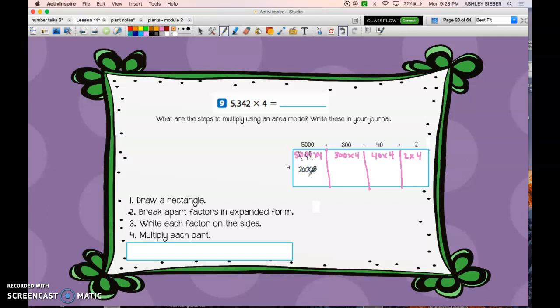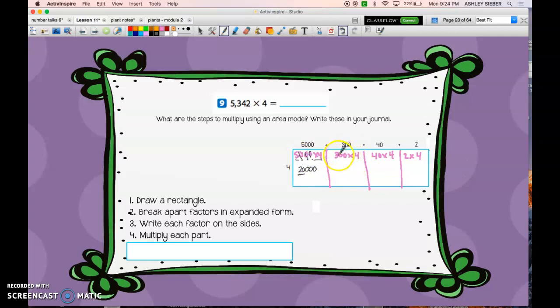On Monday, we talked about how our number of zeros might match, but when your fact, 5 times 4, has a 0 in it, we're going to have one extra 0. So in this number, we're going to have 4 zeros, even though 5,000 only has 3 zeros.